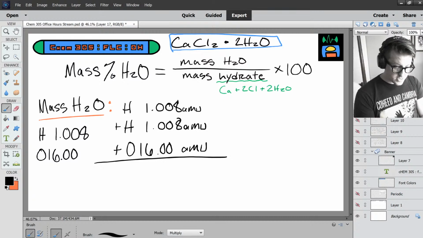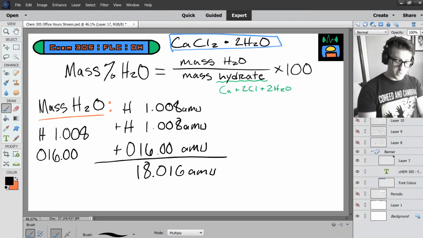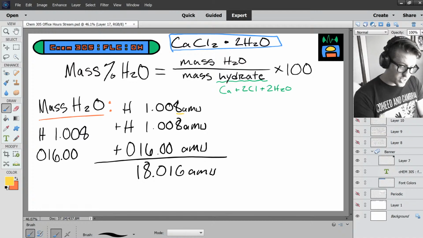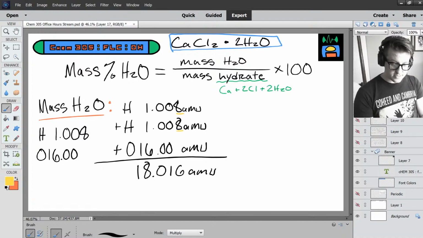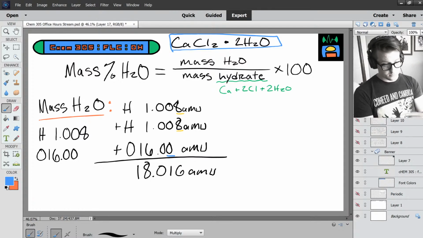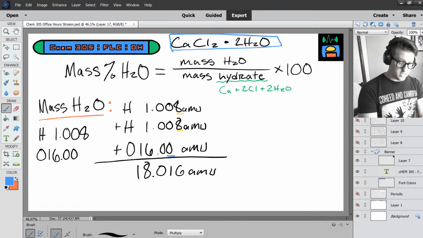When you add these all together, they add to 18.16 AMU, but when you look at your sig figs, the last significant digit in hydrogen is in the third decimal place, but the last significant digit in oxygen is in the second decimal place, so our answer must be rounded to the second decimal place.